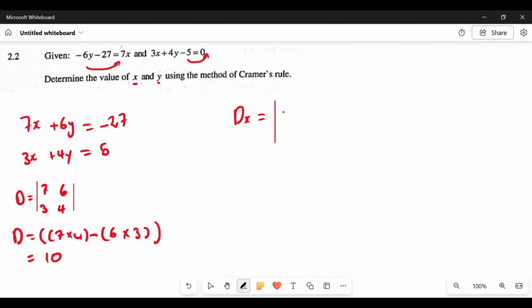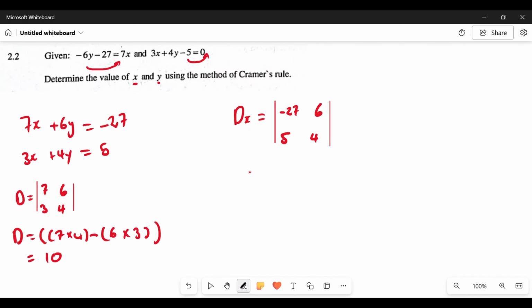For the first entry, it's going to be negative 27 since it's from equation 1, and the other one is going to be 5. There we go. These are constants, right? But since we are not looking for y, the second column we keep as it is. We're going to write 6 here, and 4 there.